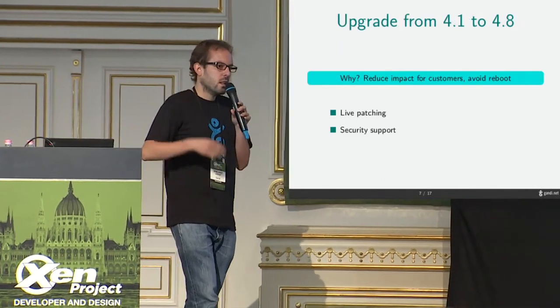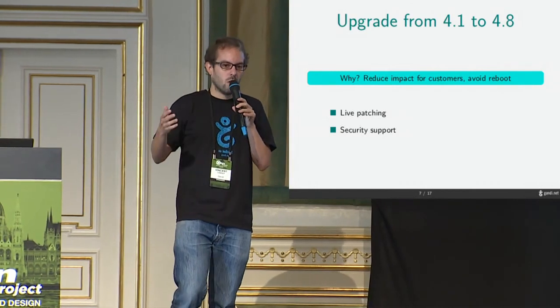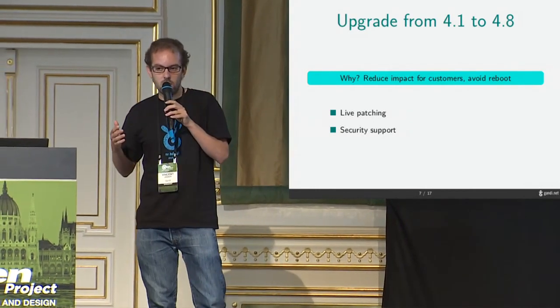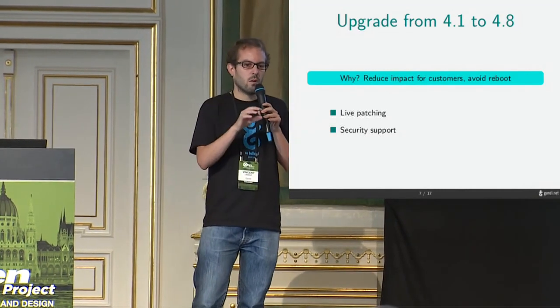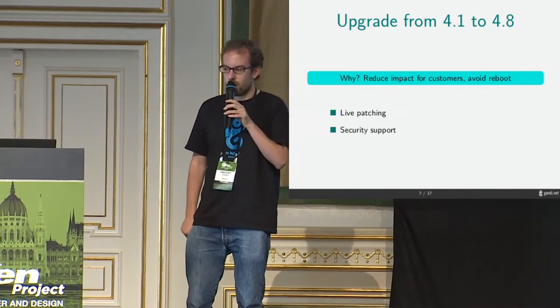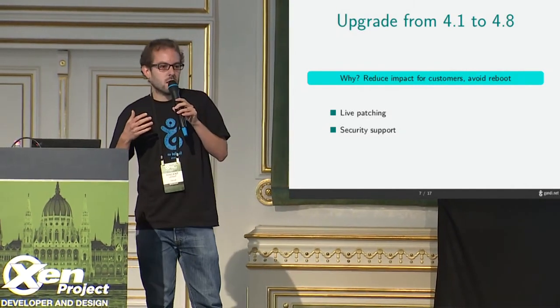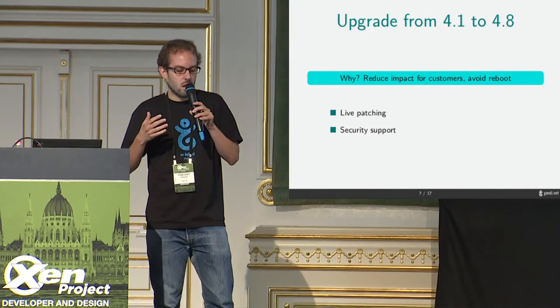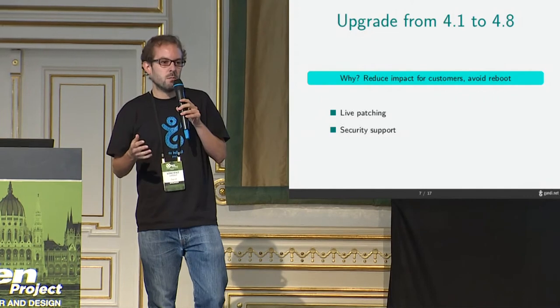So now that we decided to move back to Xen, all our hosts were running Xen 4.1, so we decided to upgrade and make the move from Xen 4.1 to Xen 4.8. The main reason was that we wanted to have a better experience for customers, so we wanted to reduce the impact.